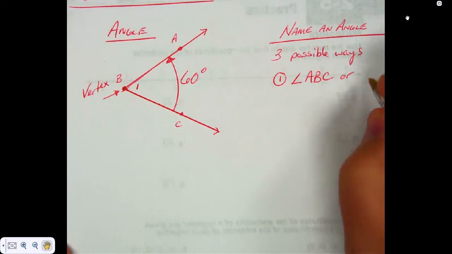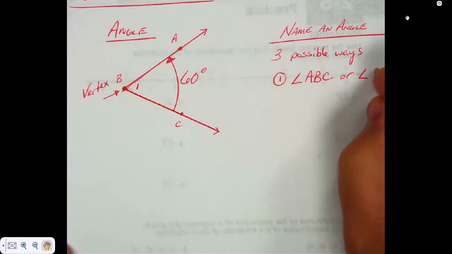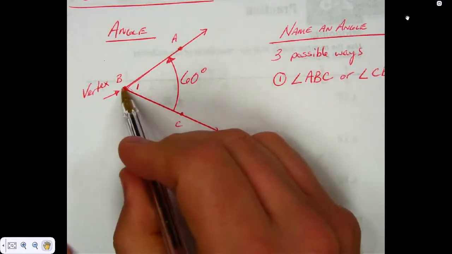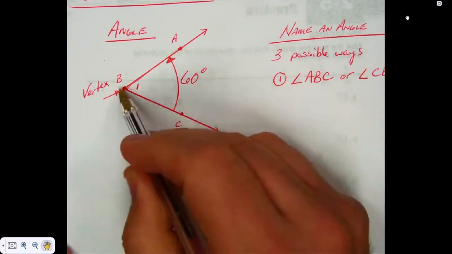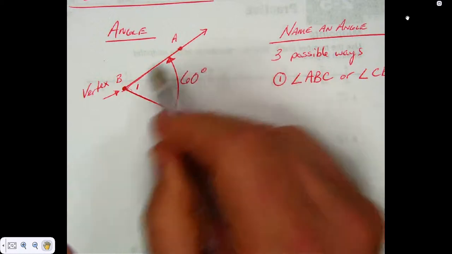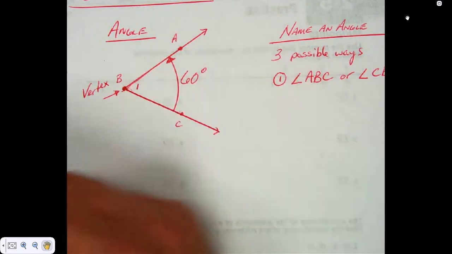But what's the other way I could also name it? I could start at C, B, A. Can you see, though, that you could not name it angle B, A, C? Because would I draw this angle when I did that? No. I'm drawing a different angle, aren't I? So what do you think's always in the middle? B.